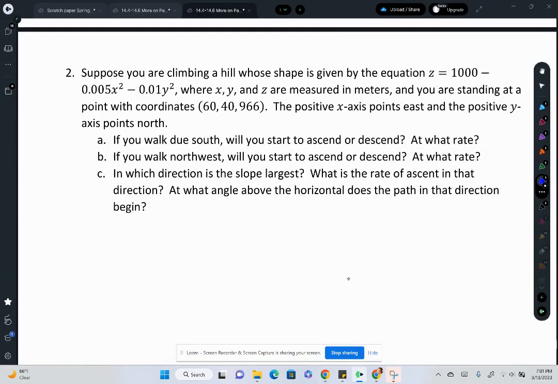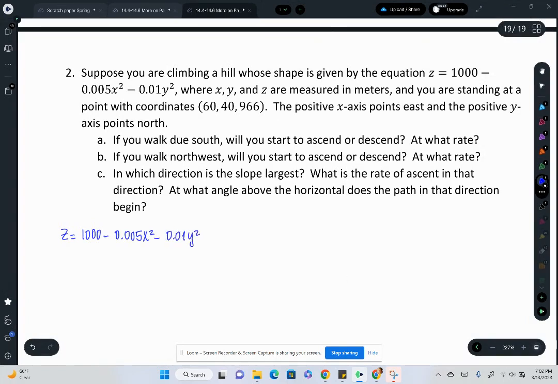Before we do anything else, this shape is an upside down paraboloid. It looks like it is not a circular paraboloid. It is an elliptic paraboloid.